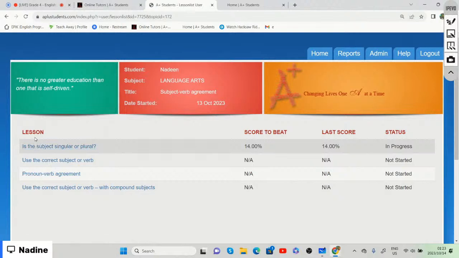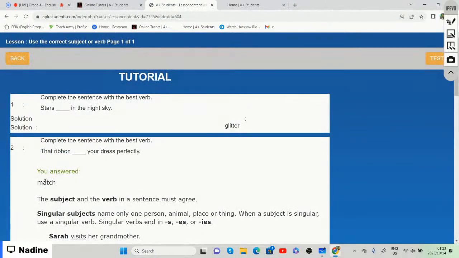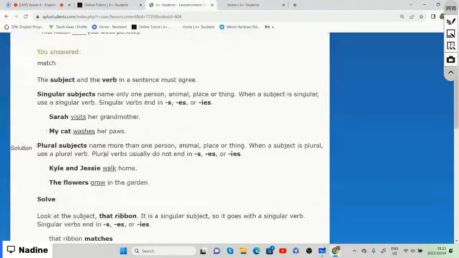So we went into the lesson of is the subject of verb singular or plural. Now we're going to see select or use the correct subject or verb. So the subject and the verb in every sentence need to agree with one another.